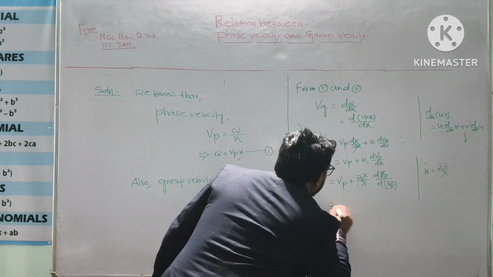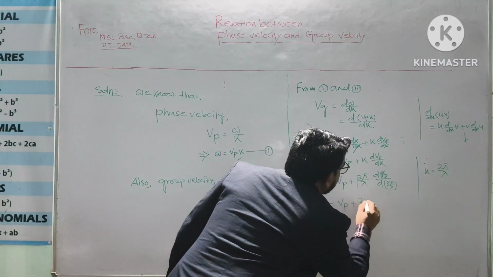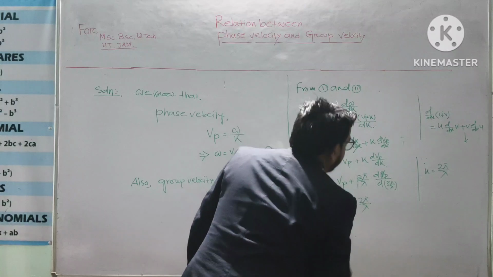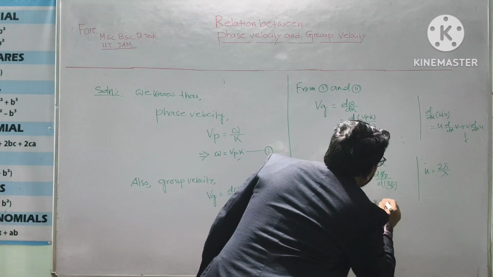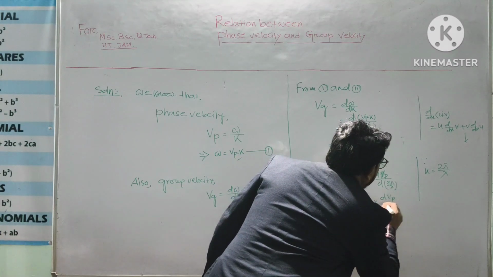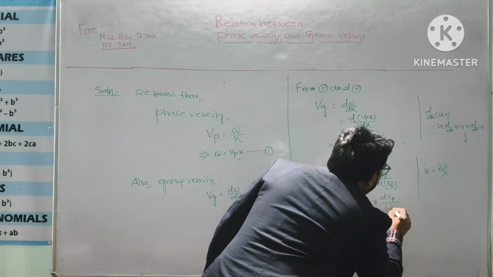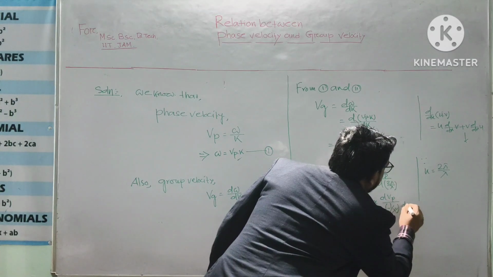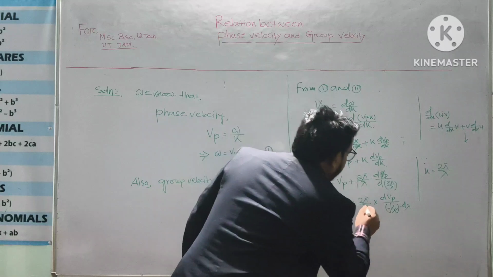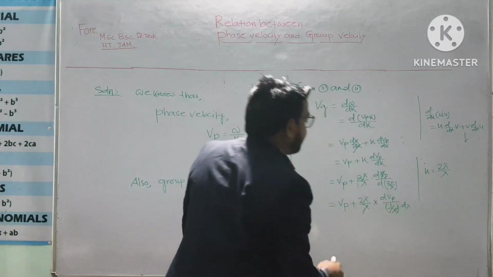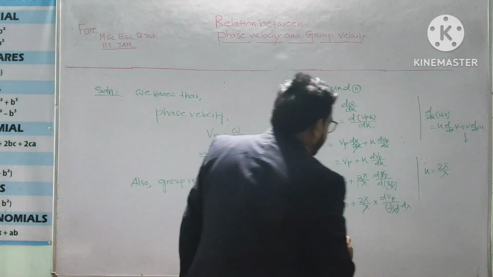Now Vp plus 2 pi by lambda into dVp, and d/dx of 2 pi by lambda we can write as minus 1 by lambda square into d lambda. So lambda and lambda square will cancel. Okay.